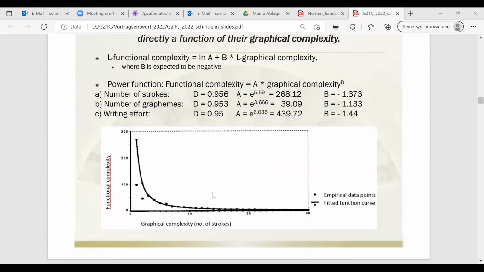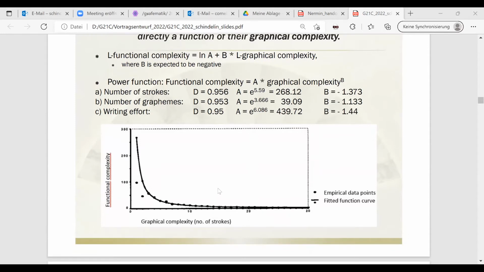The graphical complexity was measured in 3 ways: number of strokes, number of component graphemes, here shortened to graphemes, and something I call writing effort, supposing that a stroke that makes a change of direction takes more effort to write than a simple straight one.